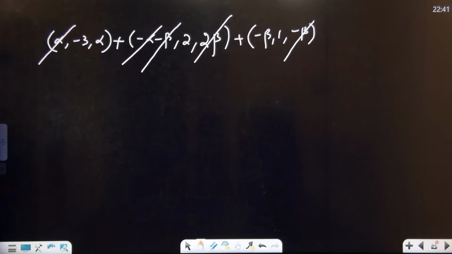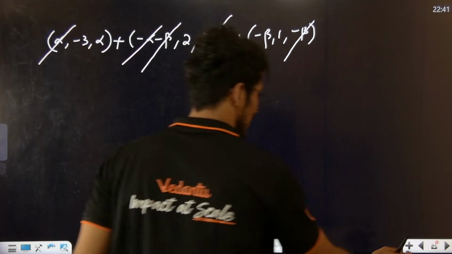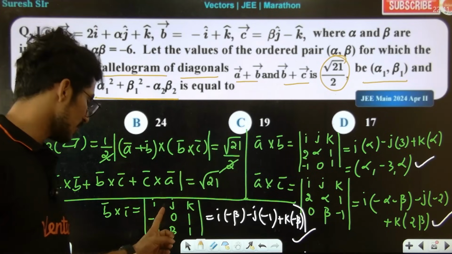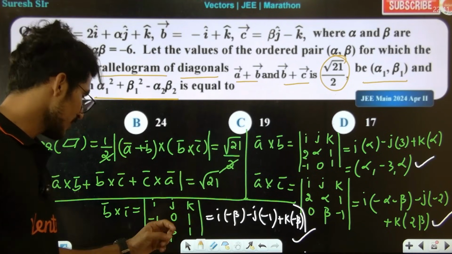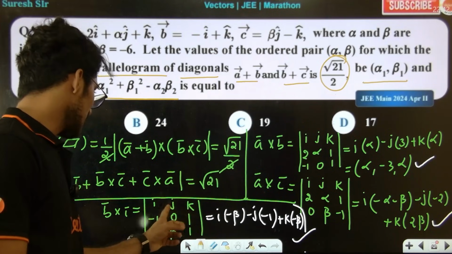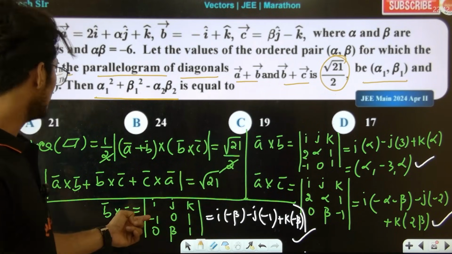So here I components are what? What are the I components? Plus 2 beta minus. Here minus 1 will come, I think. Check. So can you check properly? I dot minus beta and minus j. So minus 1 minus j into what? B is what, sir?